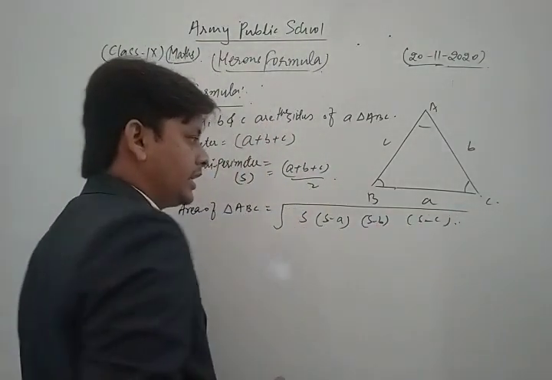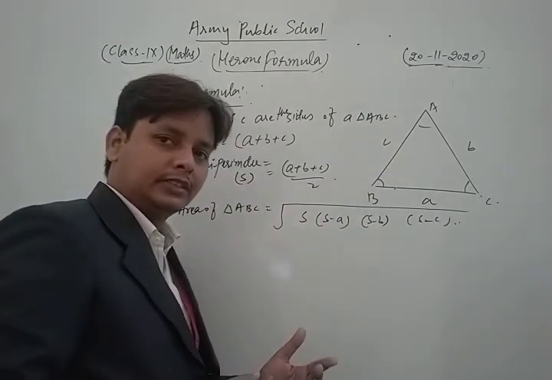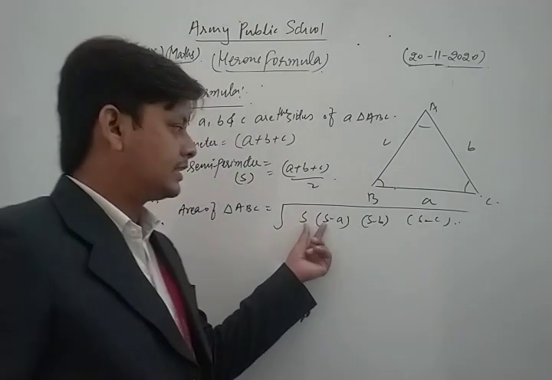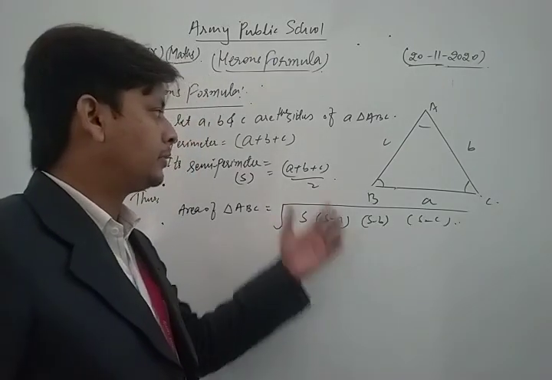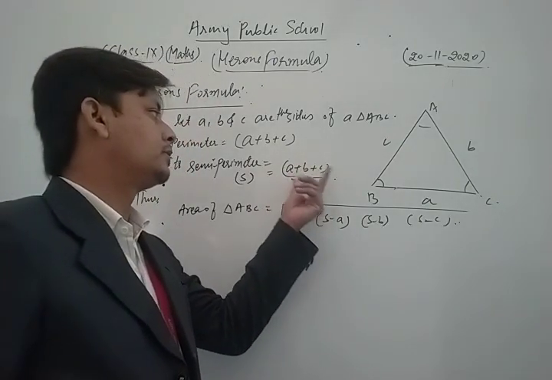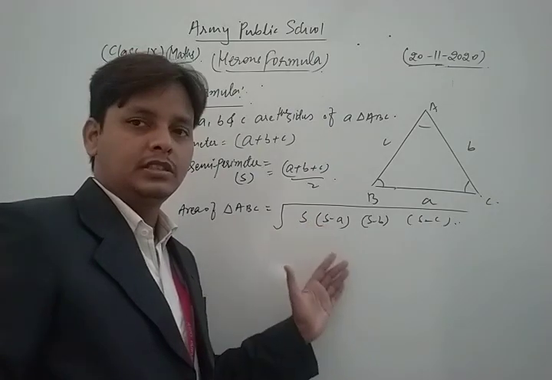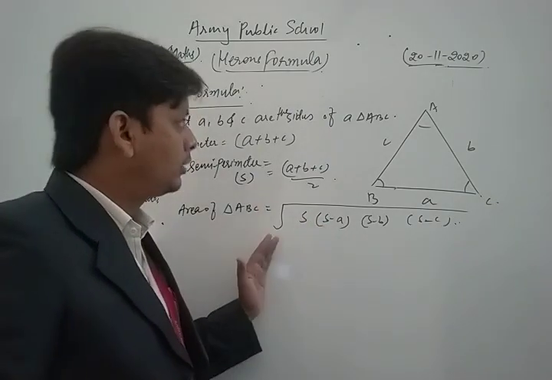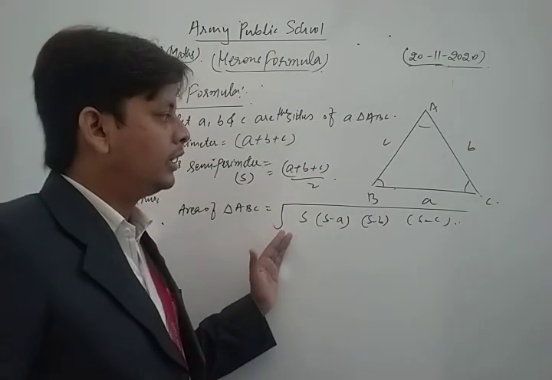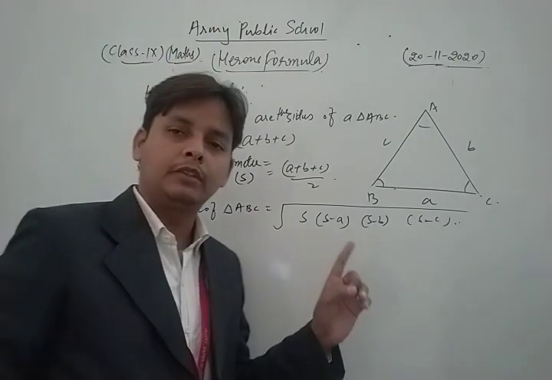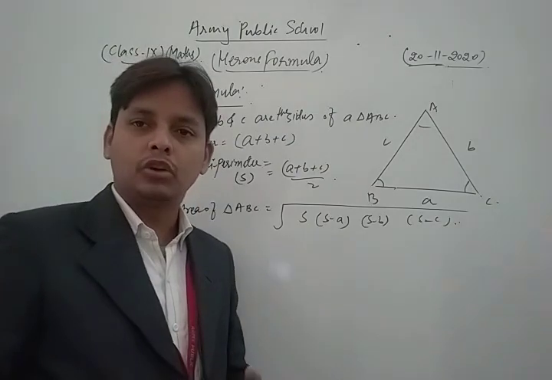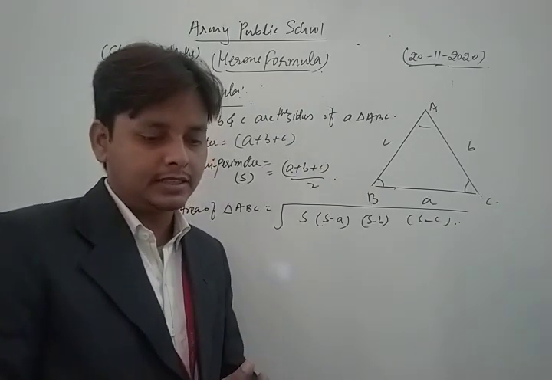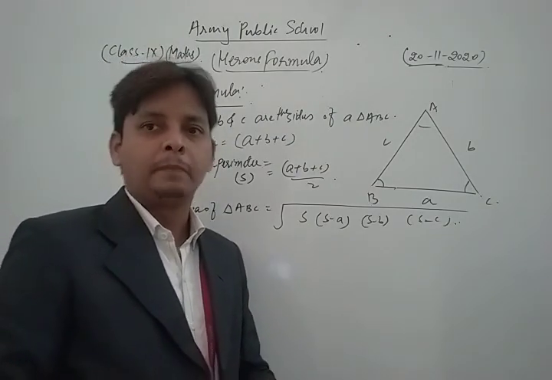Here A, B, C are all different sides of the triangle, and S is the semi-perimeter, which we obtained by the formula A plus B plus C upon 2. This is Heron's formula, and it is applicable for finding the area of the triangle ABC. Now we take and solve some important questions of your NCERT exercise based on that topic.